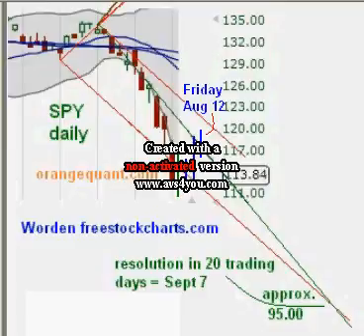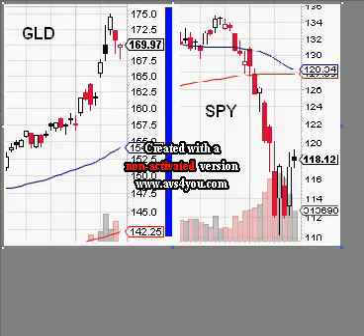Also, I looked at gold, and there's gold on the left and SPY on the right, and you can see that there are similar setups underway here. And let me show you exactly what we're talking about. You see the candle I just circled on gold, and now you look at this candle over here on the SPY.